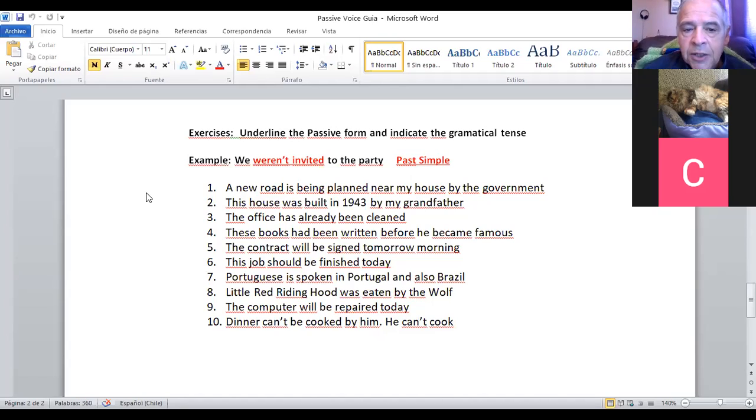Subject, not the action, okay? But sometimes you need to change into passive because you want to emphasize the action over the subject, okay? So in that case, you have to know how to do it. Here I have an example. Active voice, this is active voice. They sent the information to all the students.